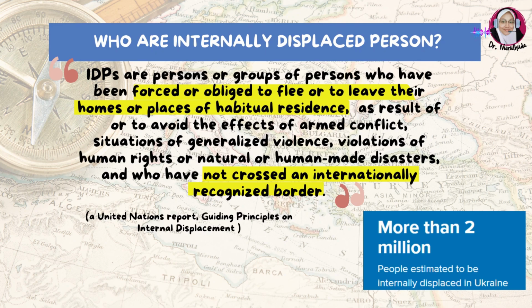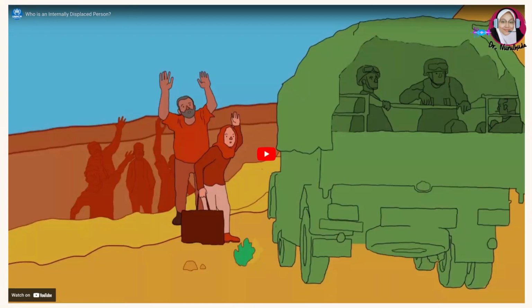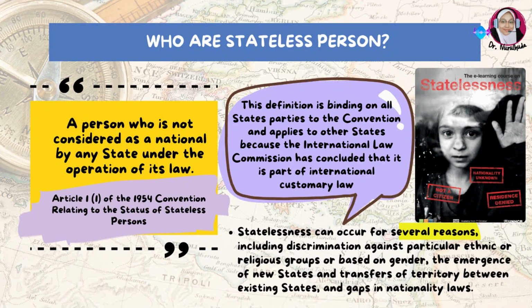This definition is provided by the United Nations Guiding Principles on Internal Displacement. You can read that. And there are more than 2 million people estimated to be internally displaced in Ukraine. Not only in Ukraine, it happens around the world. You can also watch a video with regards to the explanation of internally displaced persons. To know more, you can watch the video on YouTube.